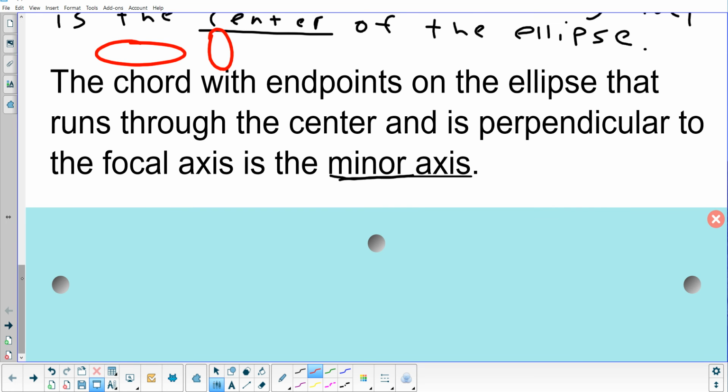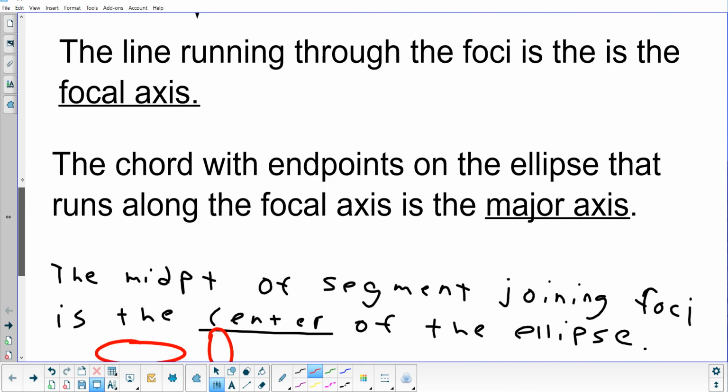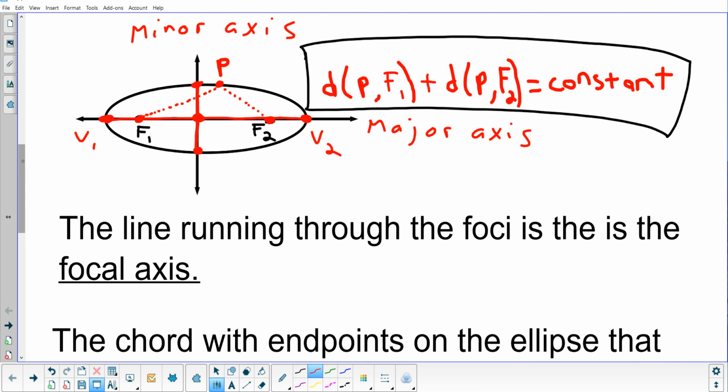Okay, let me go back up to the picture for a second because I already labeled something that I think will give the next thing away. Where the major axis intersects the ellipse, I labeled it V1 and V2. Anyone have a guess what the V stands for? It's a term we studied when we did parabolas, and it comes up here again.